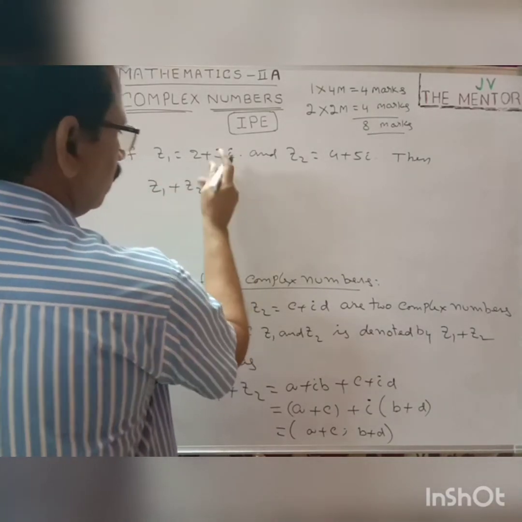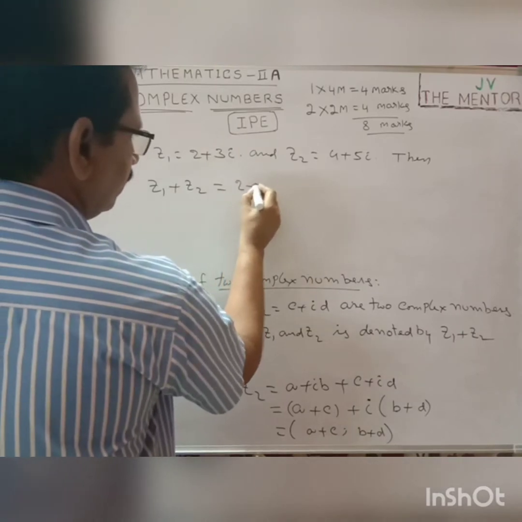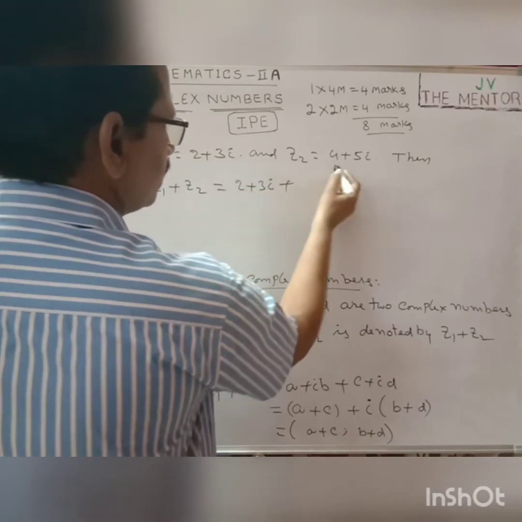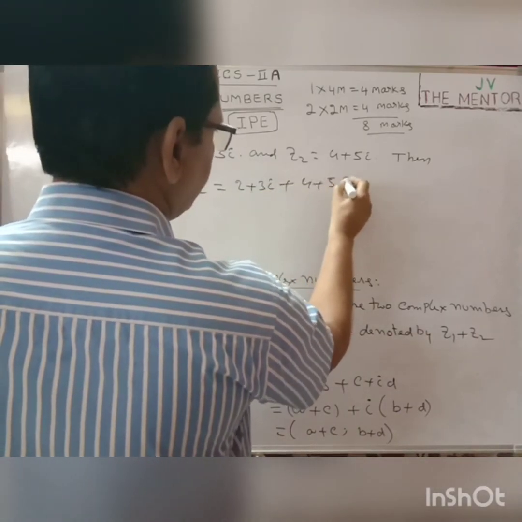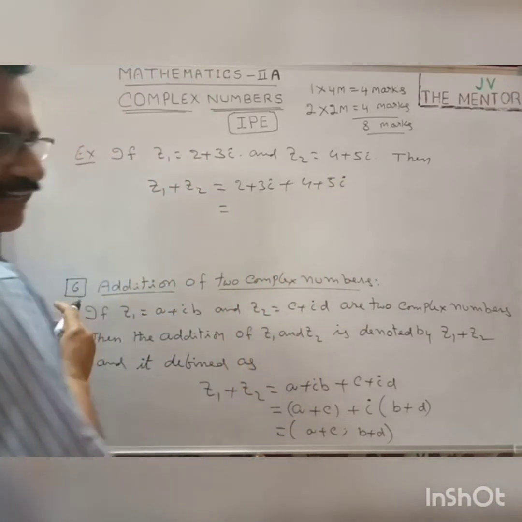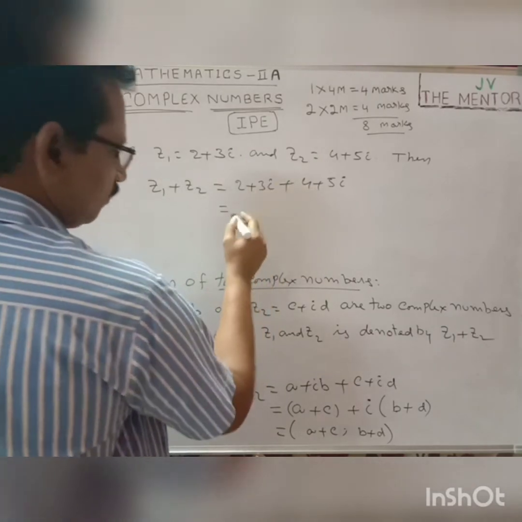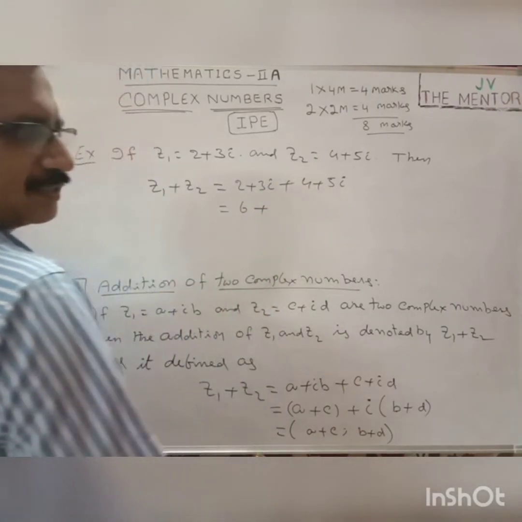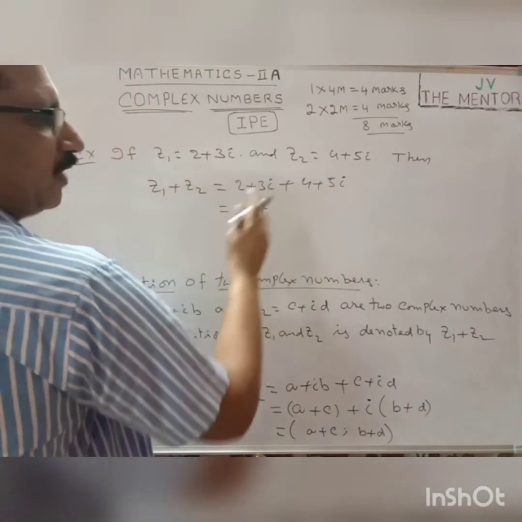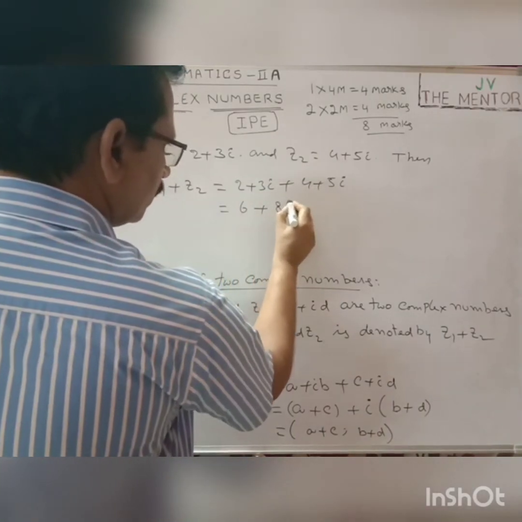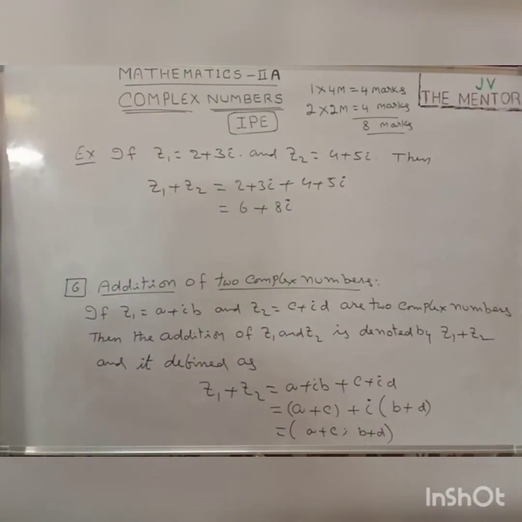Now Z1 is 2 plus 3i plus Z2 is 4 plus 5i. Now what are the real parts here? 2 and 4 are the real parts. 2 plus 4 is 6, plus imaginary parts 3i plus 5i, 8i. Okay? Write down.